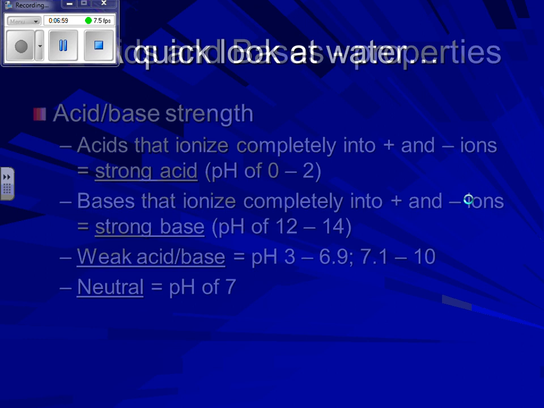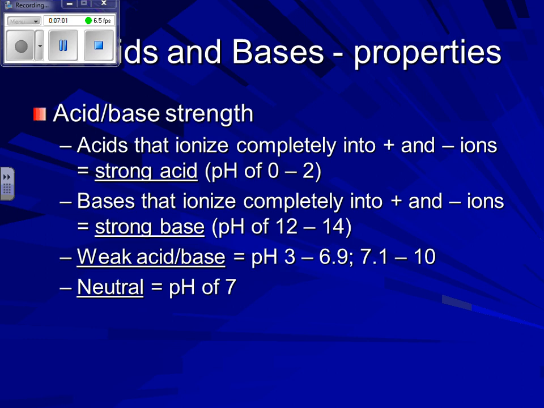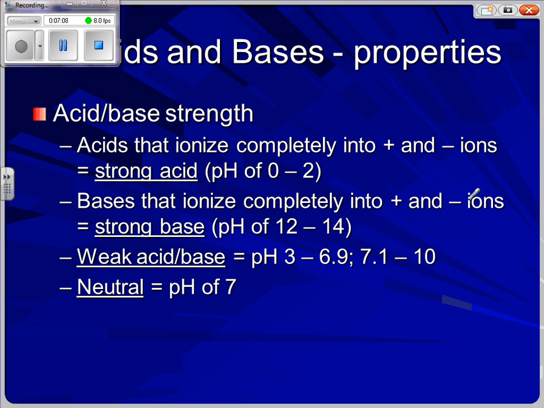This is just one of those basic things that we need to keep in mind with our pH scale. When we're talking about acids and bases, there are some characteristics. We have a pH scale that goes from 0 to 14, 7 being neutral. A strong acid is between 0 to 2, a weak acid is anything between 2 and 7 essentially.